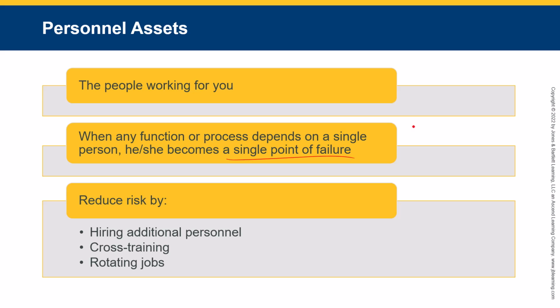So we don't want that. You can reduce risk by hiring more personnel, cross-training, rotating jobs, mandatory vacation days to make sure there's no fraud happening, separation of duties, things like that.